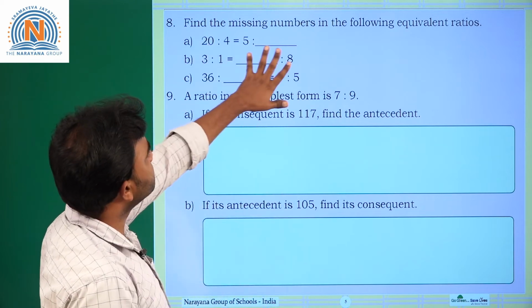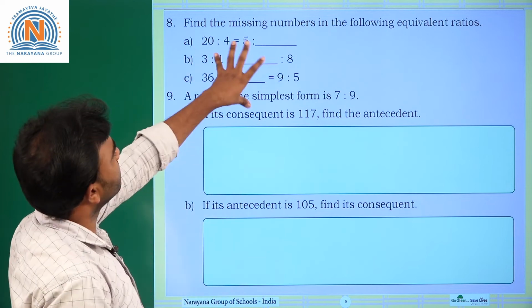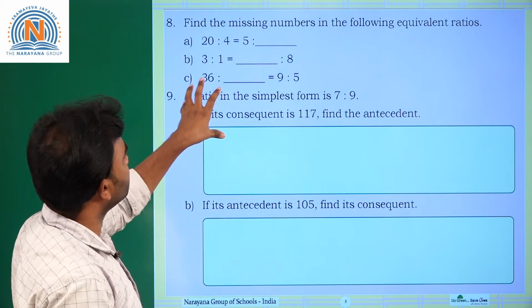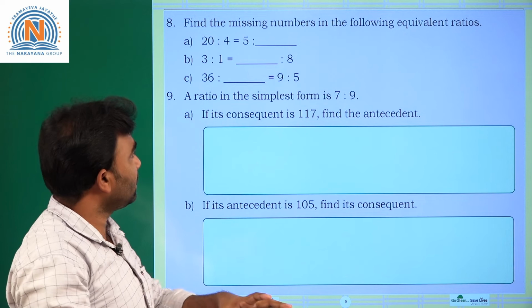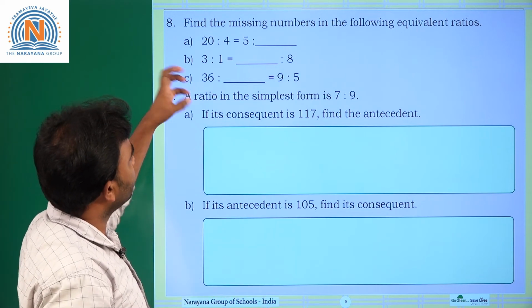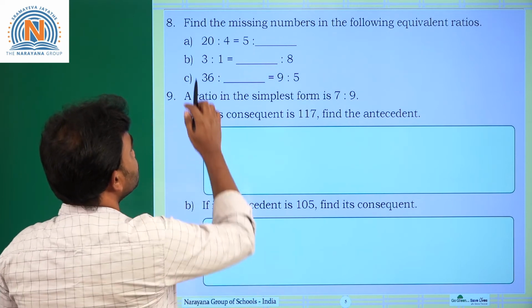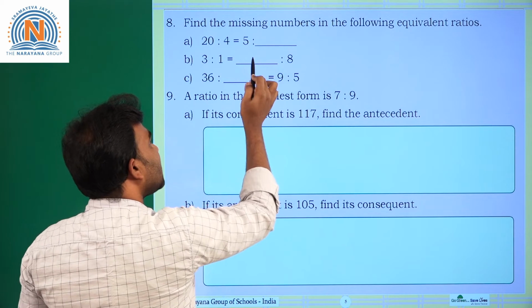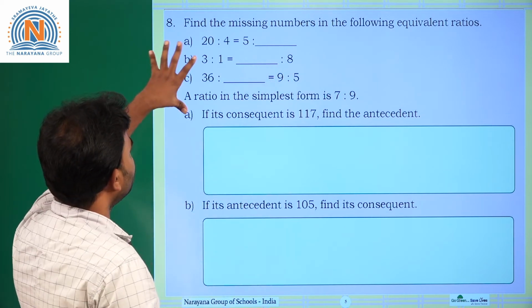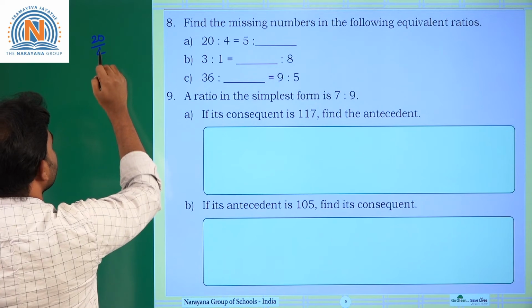Now see, find the missing numbers in the following equivalent ratios. In this, these A, B, C are the equivalent ratios. We have to find the missing numbers by using those equivalent ratios. 20 is to 4 is equal to dash is to dash. So 20 is to 4 can be written as 20 by 4.